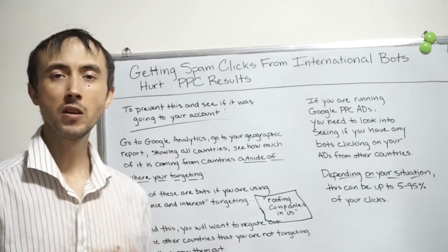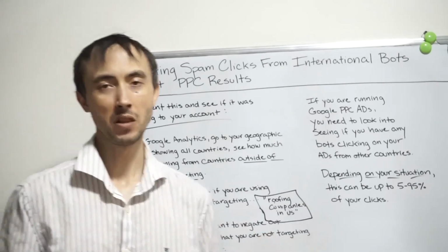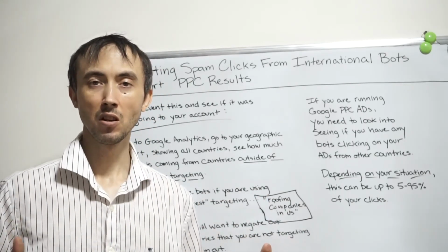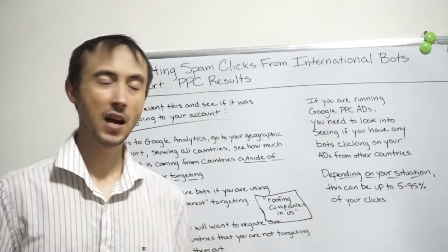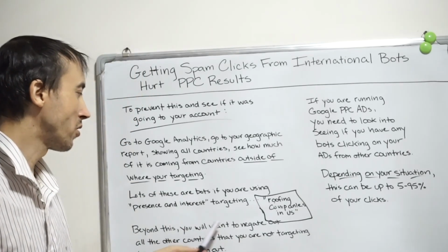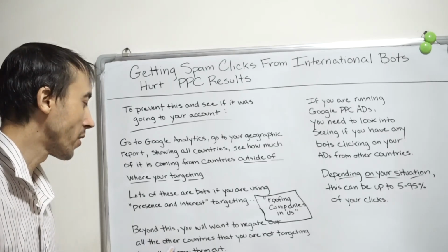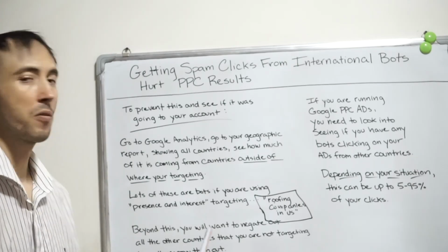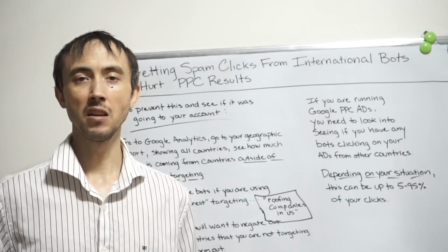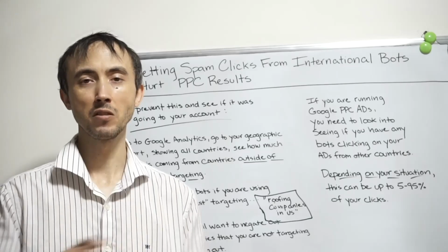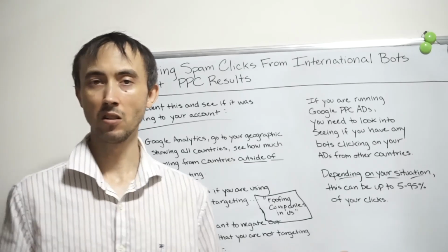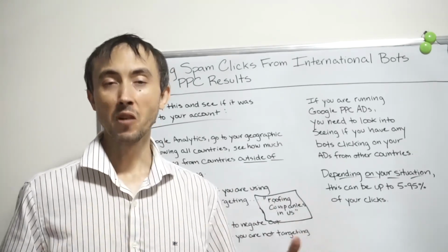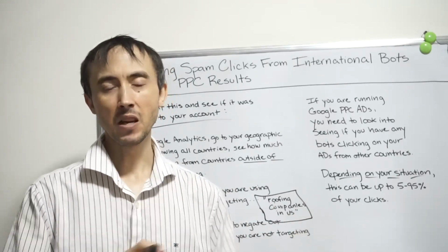That said, there's one other thing you can do, both national and local companies, to make sure you don't get people that are outside your area, that you could not physically service or deliver a product to, clicking on your ads. Beyond this, you will want to negate out all the other countries that you are not targeting through your location settings, to really narrow out and eliminate the people that are going to be using your site for research or data collection, which is still research, completely from ever being able to see your ads.